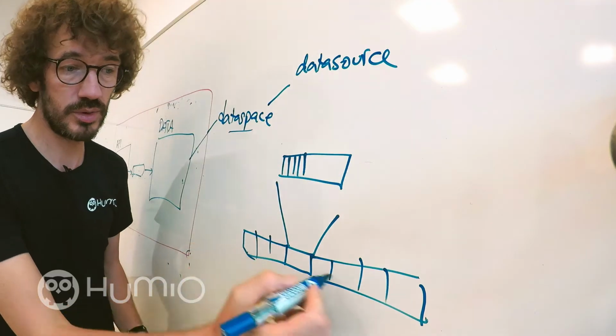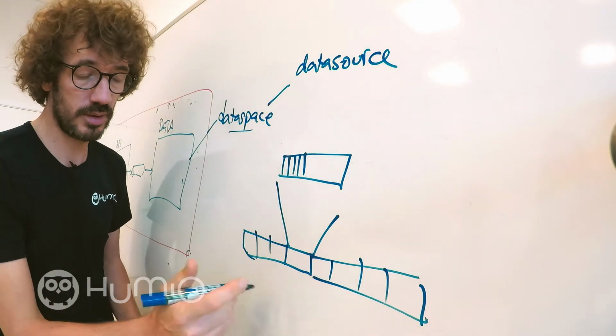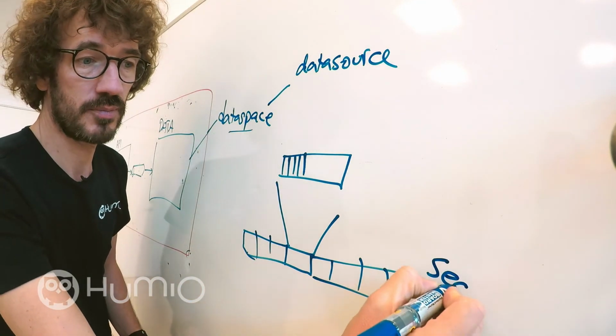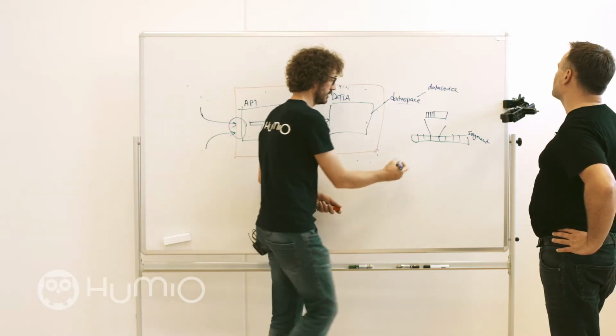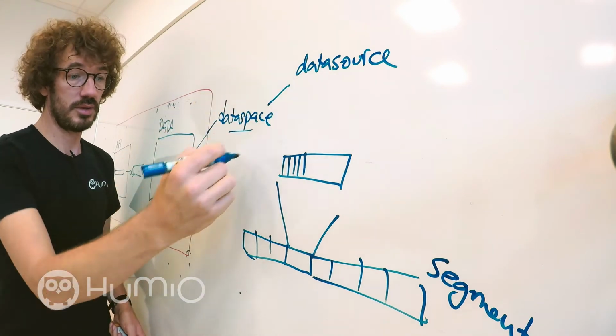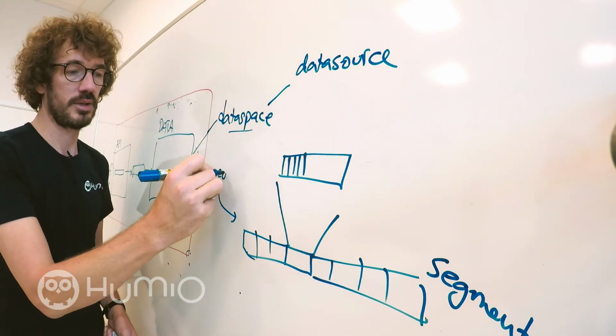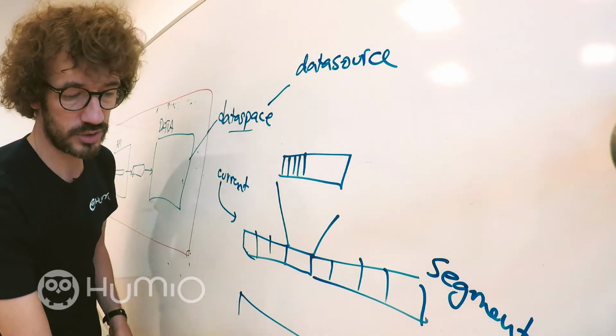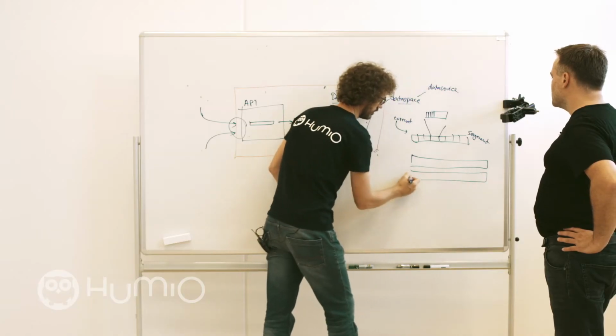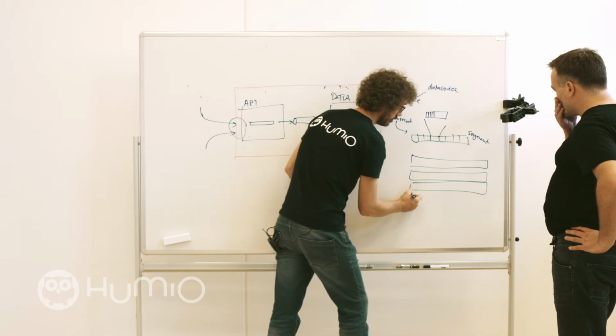And once you've filled up one of these segments, then it never changes again. So basically, for a given data source, we have a current one, and then we have all the other ones that are finished, all the historic ones, and these are completely immutable.